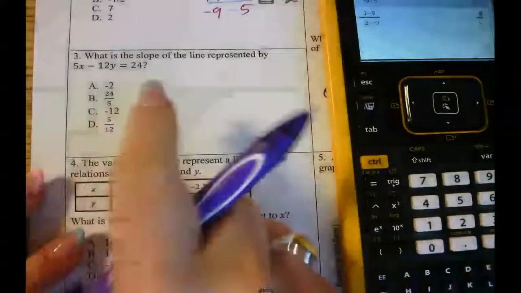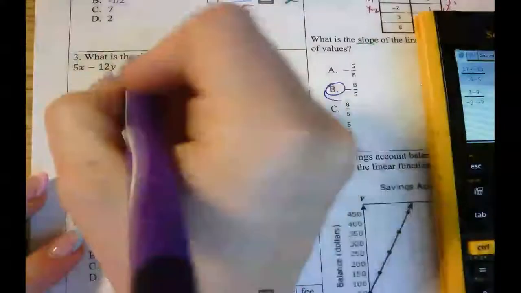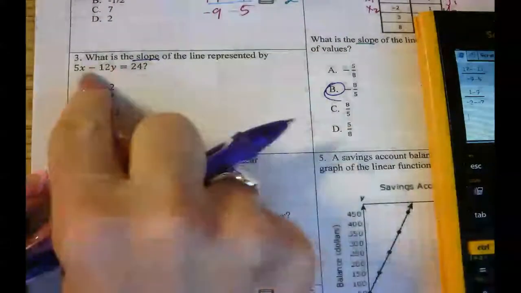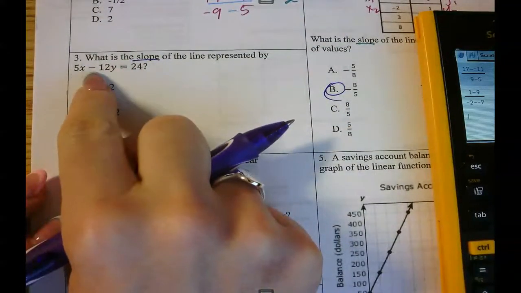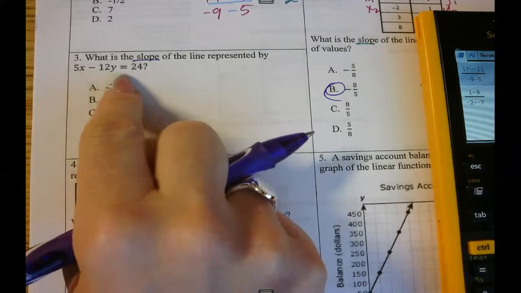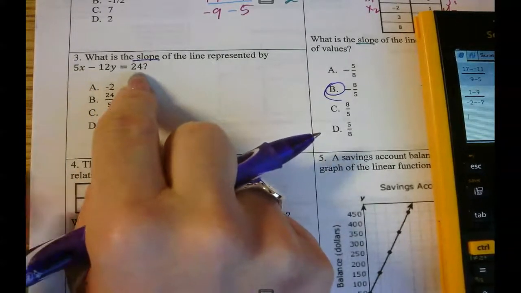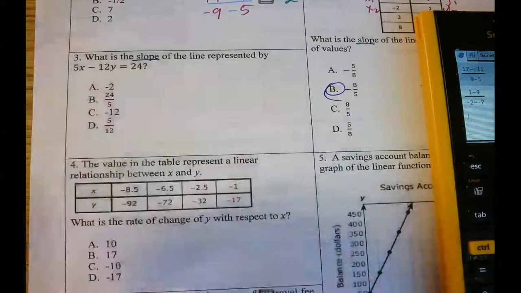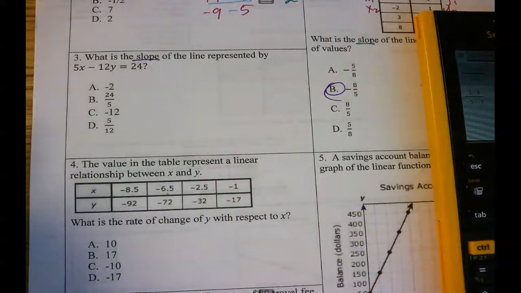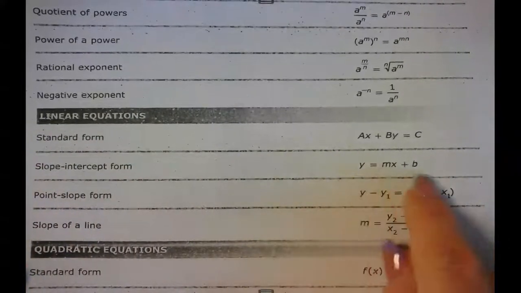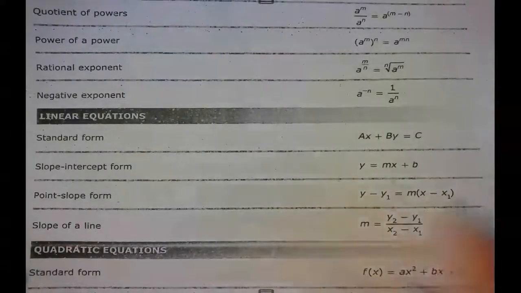All right. What is the slope of the line represented by 5x minus 12y equals 24? Back to our formula sheet, our slope-intercept form is y equals mx plus b, where m is our slope.